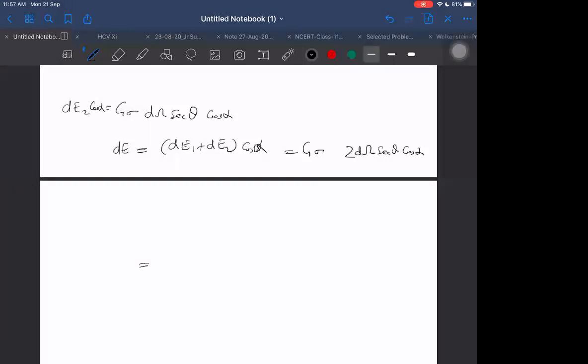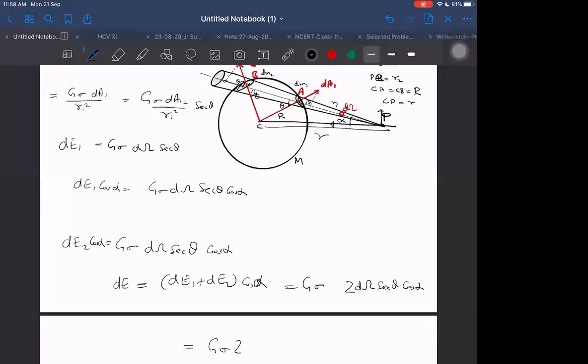In fact, I'm noticing that I think there is no need to take two times. We can take just once, and then we can integrate over the entire range. Then 180 minus theta you can write now, sir.